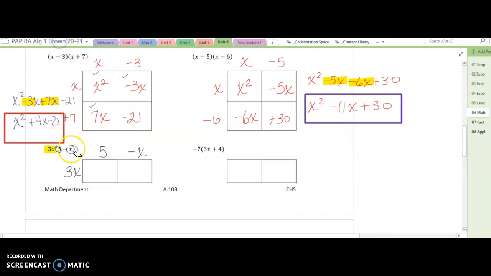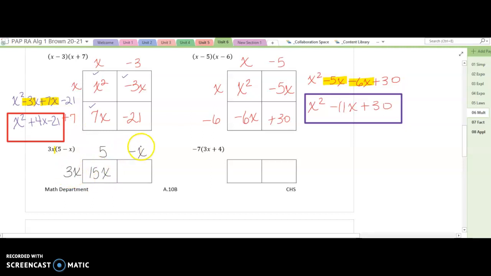Okay. Oh, I just got rid of that box, didn't I? Let me put that back up there. Right. So I have a 5 times a 3x. 5 times 3 is 15. So we have 15x.